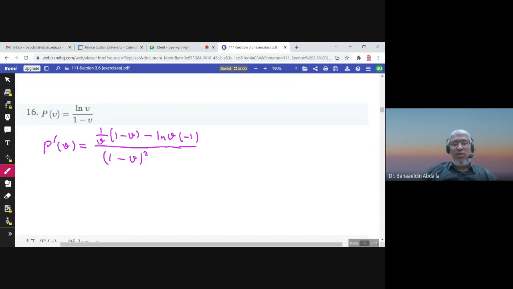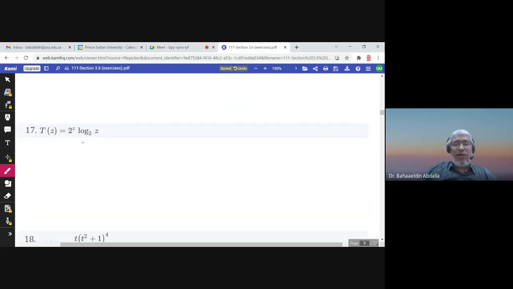Now to get rid of this v, I will multiply by v over v. All right. So I will have 1 minus v, and this minus times minus is plus v times ln v over v times 1 minus v to the power 2, and I can just leave it like this.